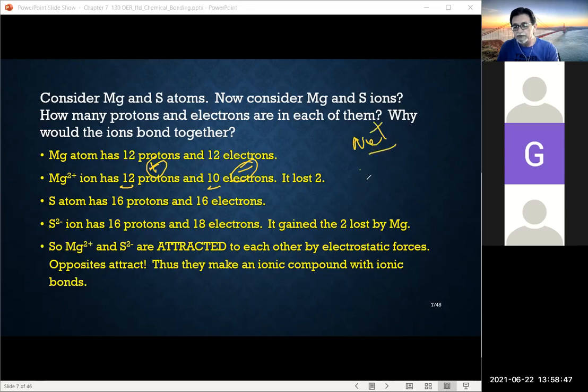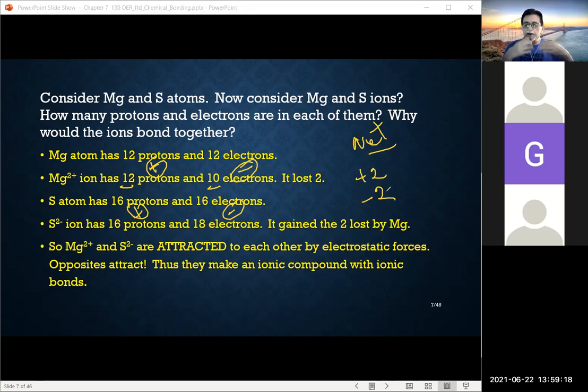I get a +2 net charge. The sulfide has 16 positives and 18 negatives. So mathematically, it has a net charge of -2. Maybe that helps in terms of mathematics. But also remember that sulfur is a nonmetal, so it's going to gain electrons.